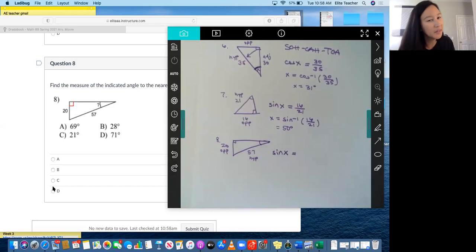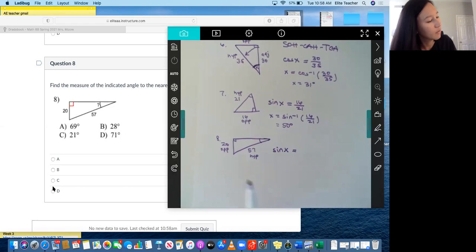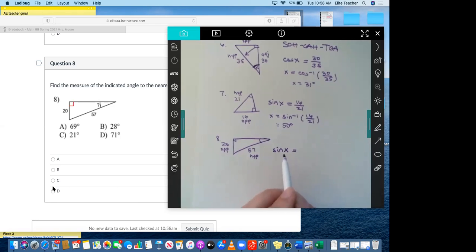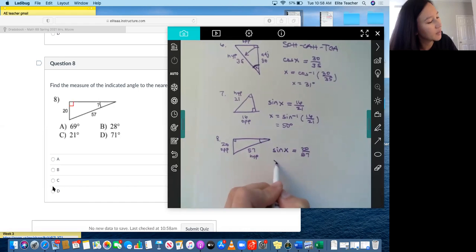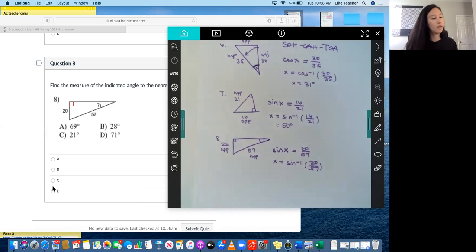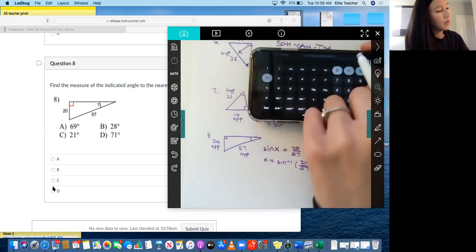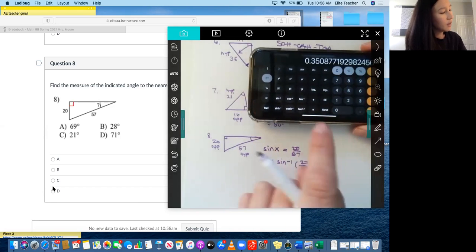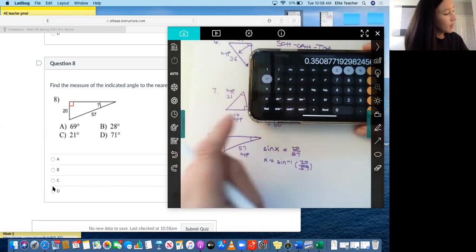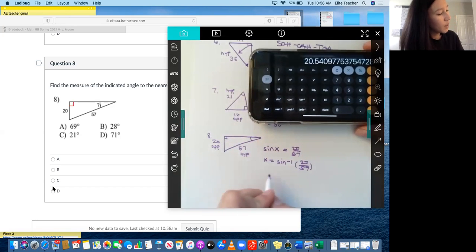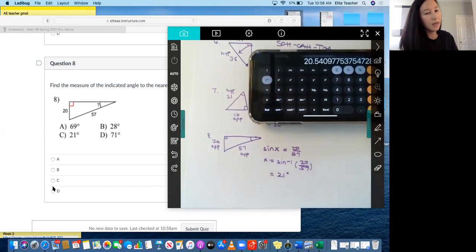So it'll be 20/57. Very good. So then we solve for x by taking the inverse sine of 20/57. 20 divided by 57, and then the inverse sine. So 20.5, which rounds to 21.